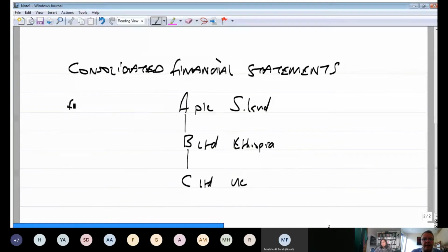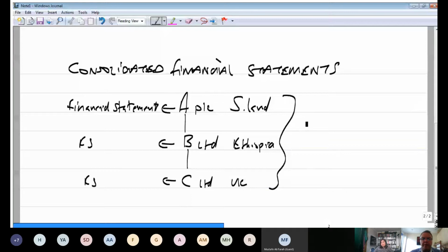So there's going to be financial statements for A, financial statements for B, and then financial statements for C. However, in addition, there's also going to be one more set of financial statements called consolidated financial statements.